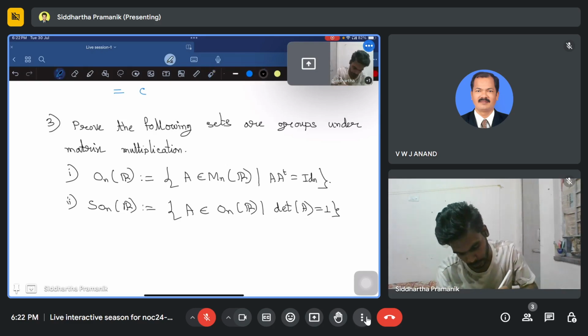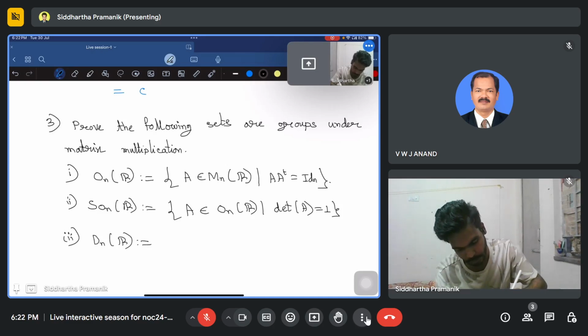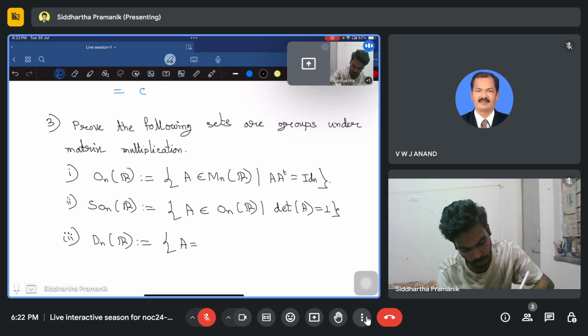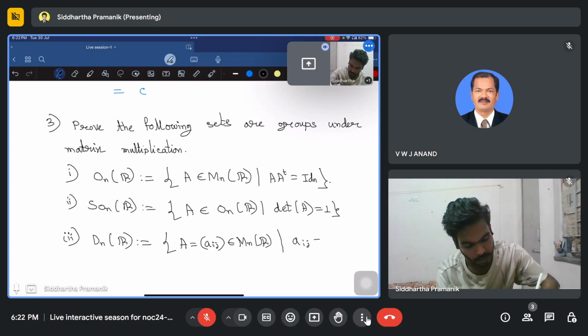Okay, and the third one is D_n(R). This is basically A equals (a_ij) belongs to M_n(R) such that a_ij are 0 for all i not equal to j.